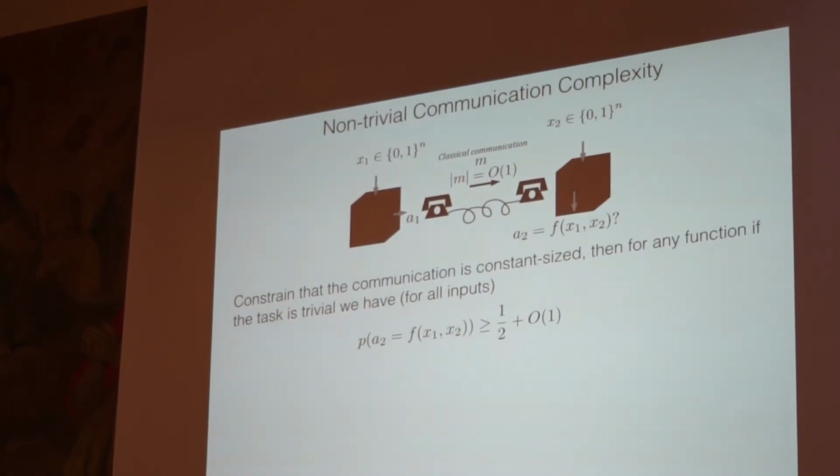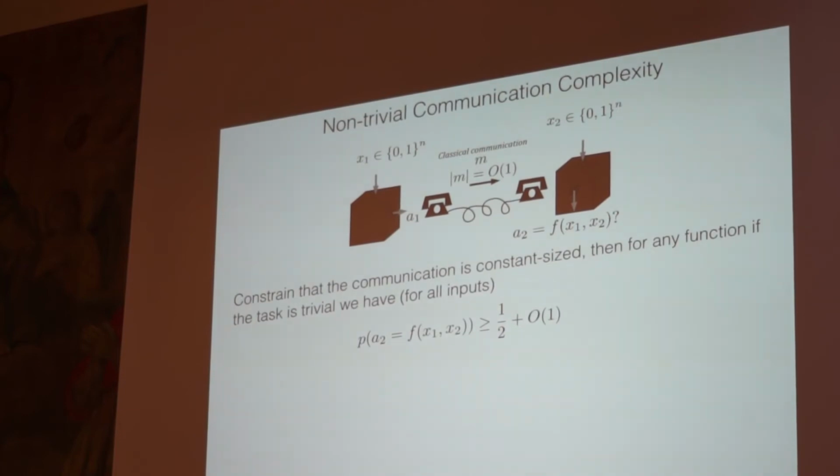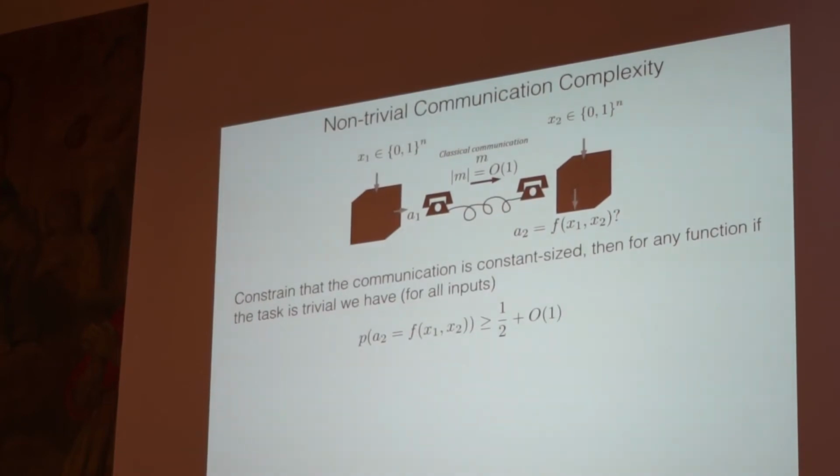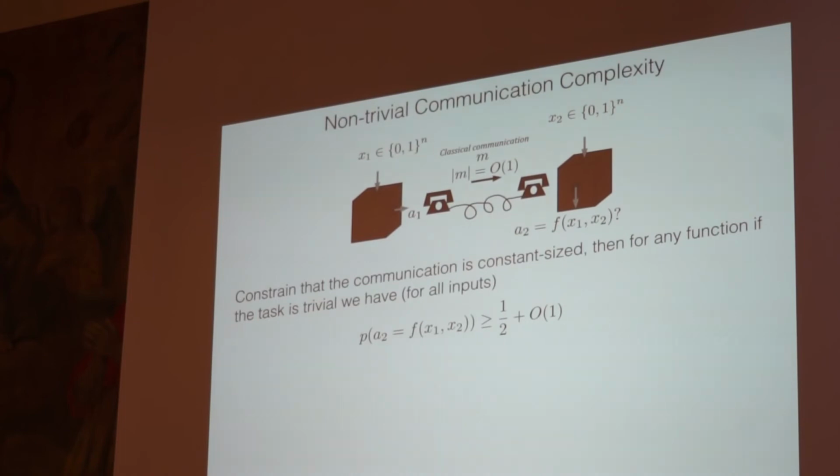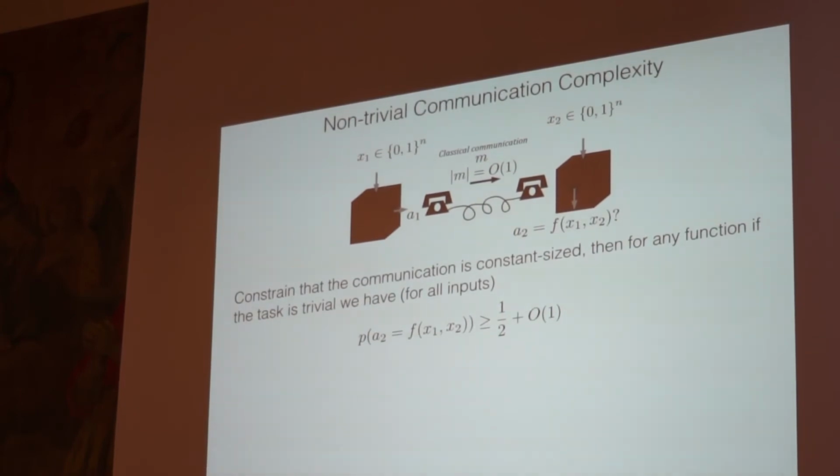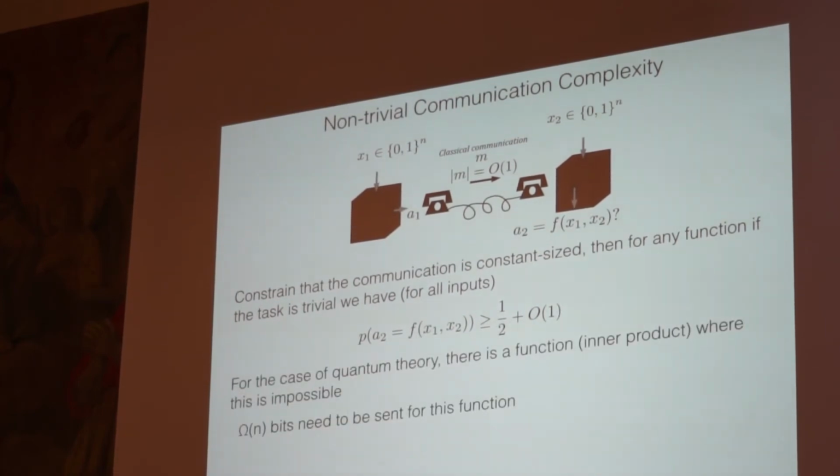We put a constraint on the amount of communication that Alice can send to Bob. We say that this communication is constant, independent of the input size n. And then for any function, if this task is trivial, then the probability of winning at this game should be bounded away from half by some constant.